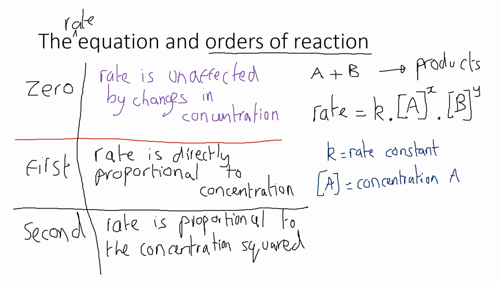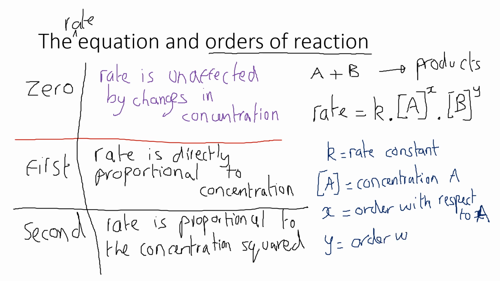The A in square brackets refers to the concentration of A. x is the order of the reaction with respect to A, and y is the order with respect to B.